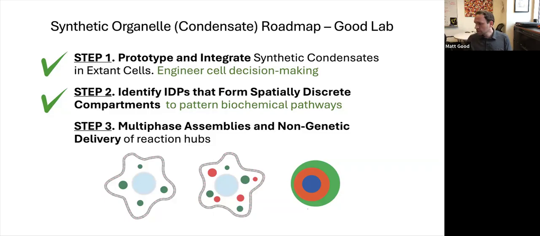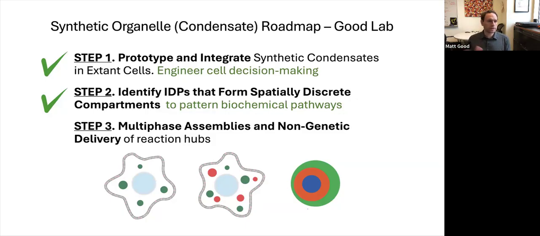Okay, I'm going to answer some other questions from the chat before moving on. So one question is, can FUS carry payloads? And I think you're asking, can the FUS compartments carry payloads? The answer is absolutely yes. You can do this a couple of different ways. You can use coils like the ones that we've used to target another enzyme with that IDP to partition to the condensed phase.